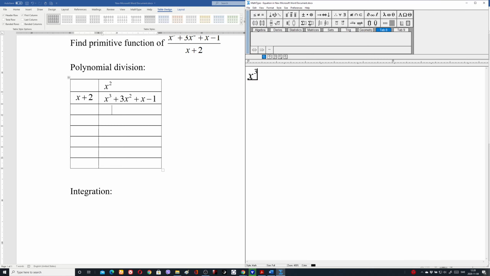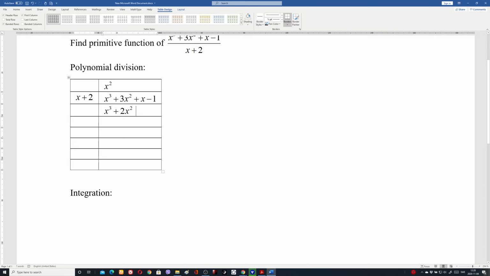Sometimes the mouse doesn't function in the table. But x power 2 multiplied by 2 is plus 2x power 2.